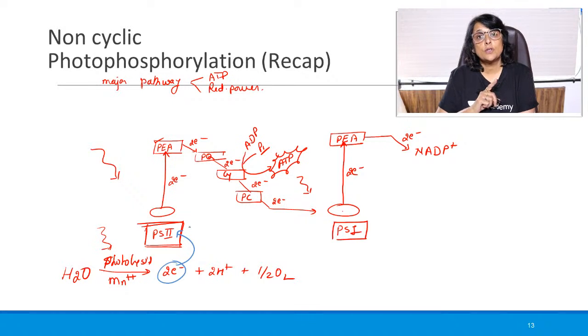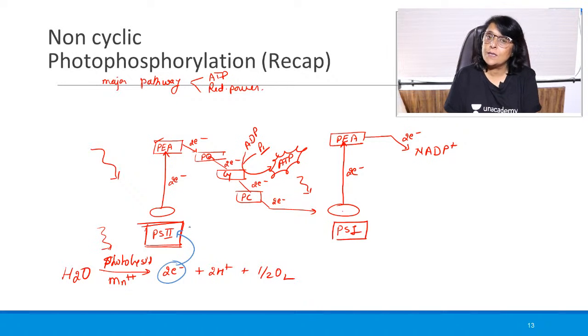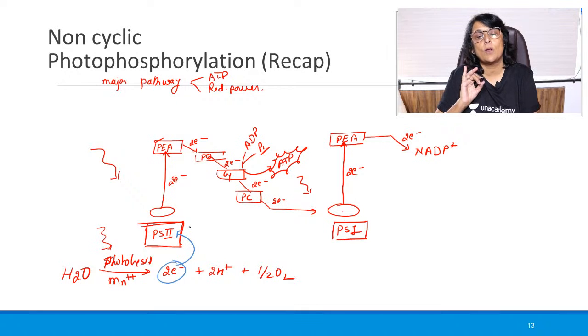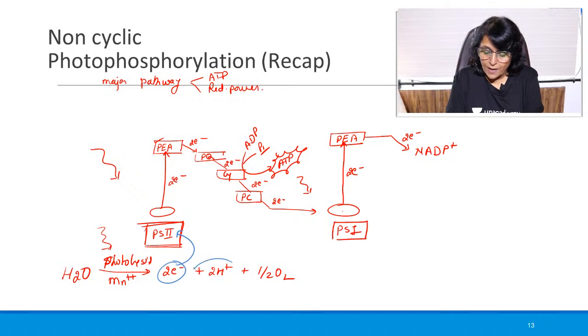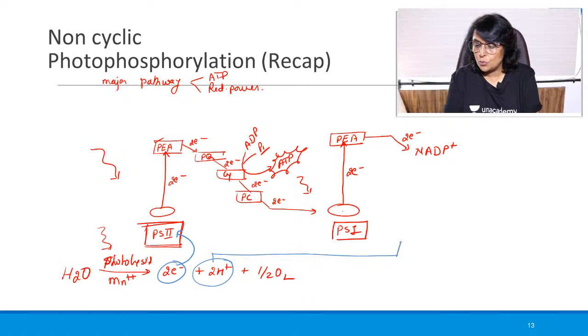From photosystem 2, a pair of electrons was lost. So now this pair of electrons is given back to that, so that the structure of the chlorophyll molecule is maintained and its property remains the same. This pair of protons which is produced is given to this NADP.